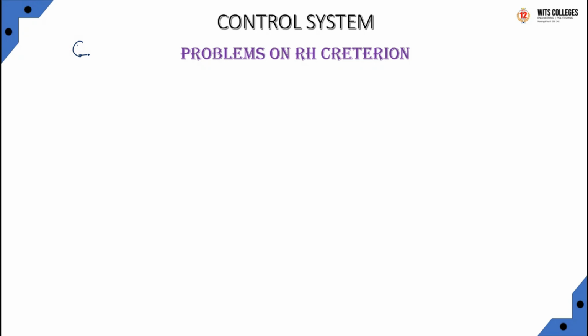Here the open loop transfer function G of s is equal to K by s into s plus 1 and s plus 2. This is the open loop transfer function. Here H of s is equal to 1. Find the stability of the system by using the RH criteria.